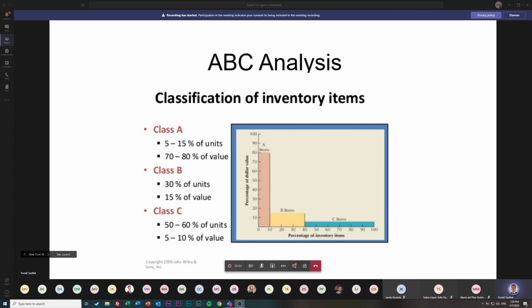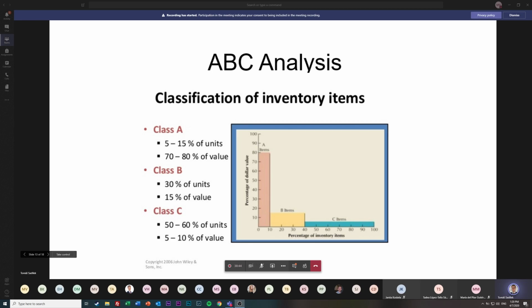So in the ABC analysis, maybe I can do a brief repetition, and then I'm going to show you an example. So once more, if we would like to manage and control the inventory or cost in a company, we are typically applying the ABC analysis.